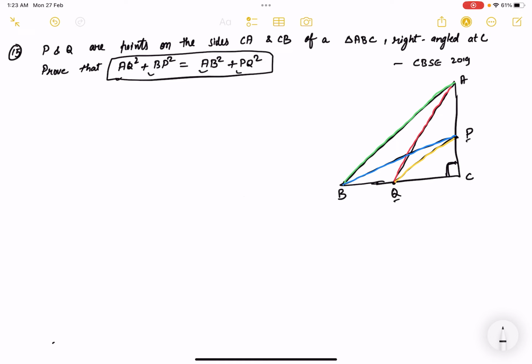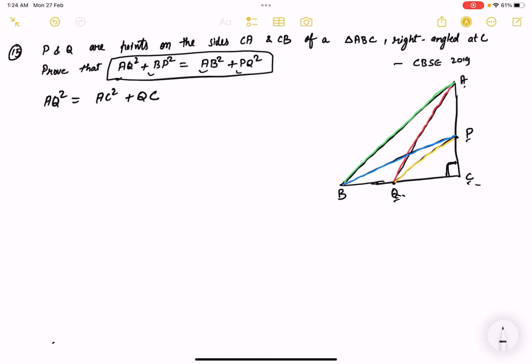Let's begin with AQ, this red line. Applying Pythagoras theorem in triangle AQC, we have AQ square is equal to AC square plus QC square.